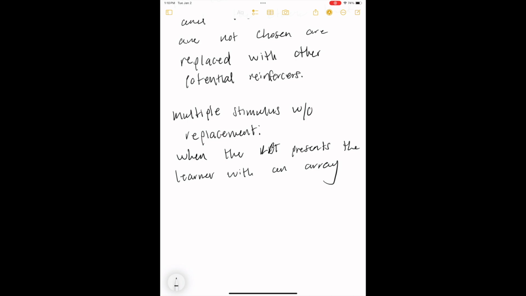So when the RBT presents the learner with an array, the learner chooses from the array whatever reinforcer.